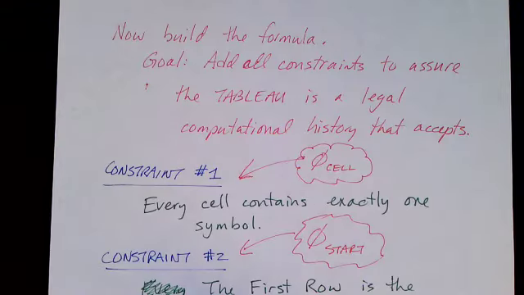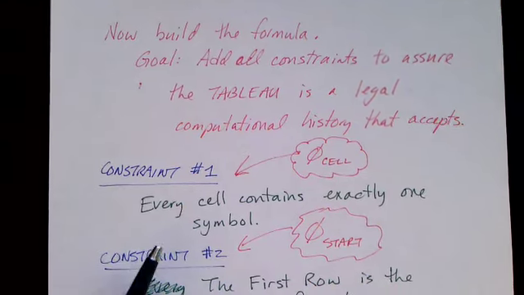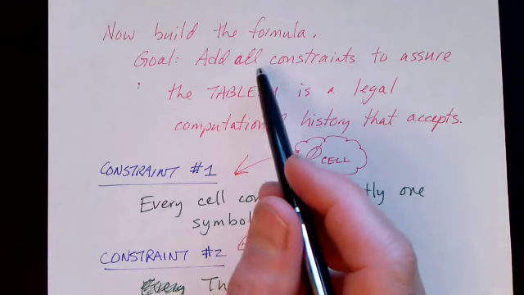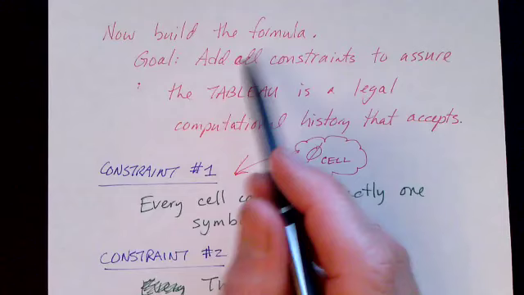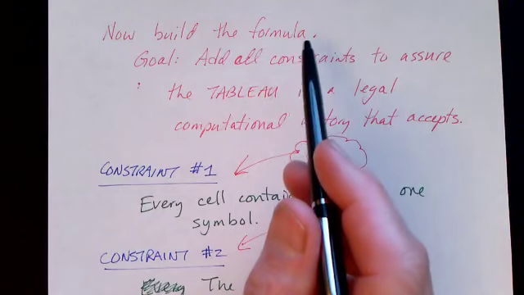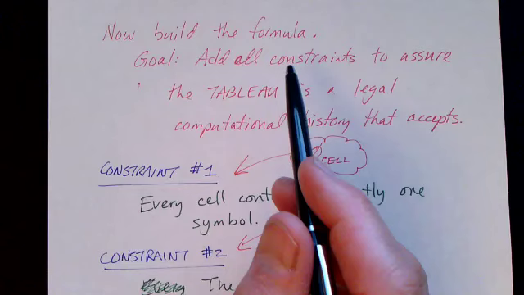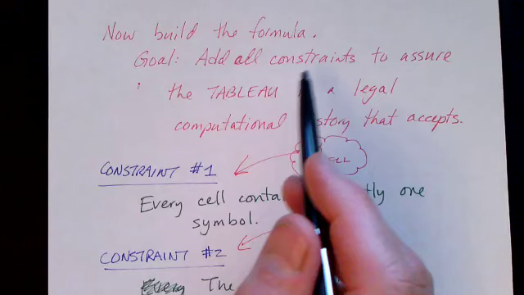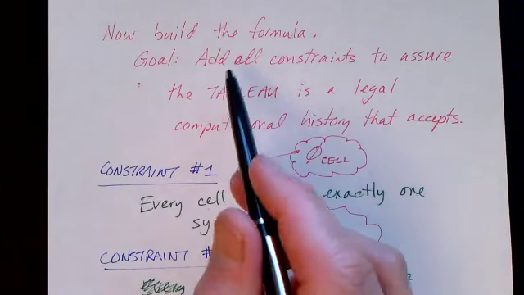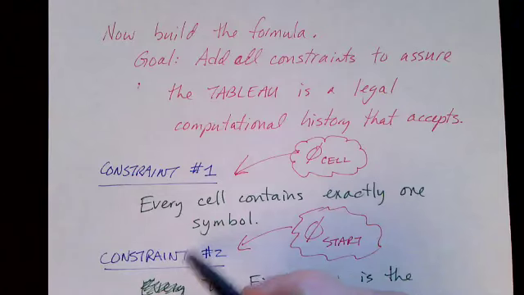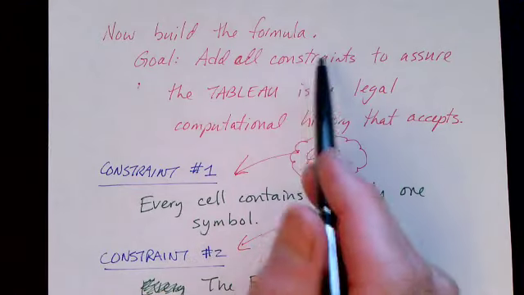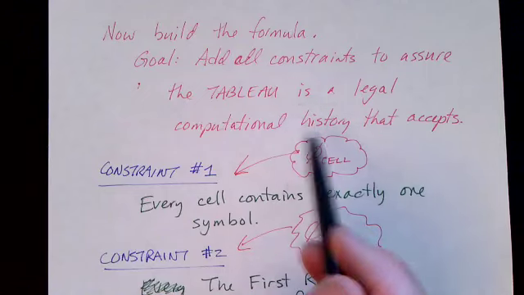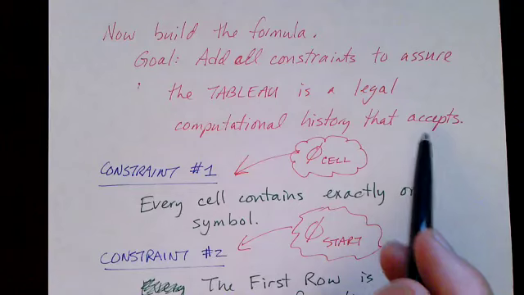Now remember, we're not actually building the table. What we're building is a formula, a Boolean formula, and we want to construct this formula in such a way that it has a bunch of constraints. The formula will express constraints on the table, and so what we're doing is building a formula that has a lot of constraints that make sure the table is a legal computation history that ends with accept.